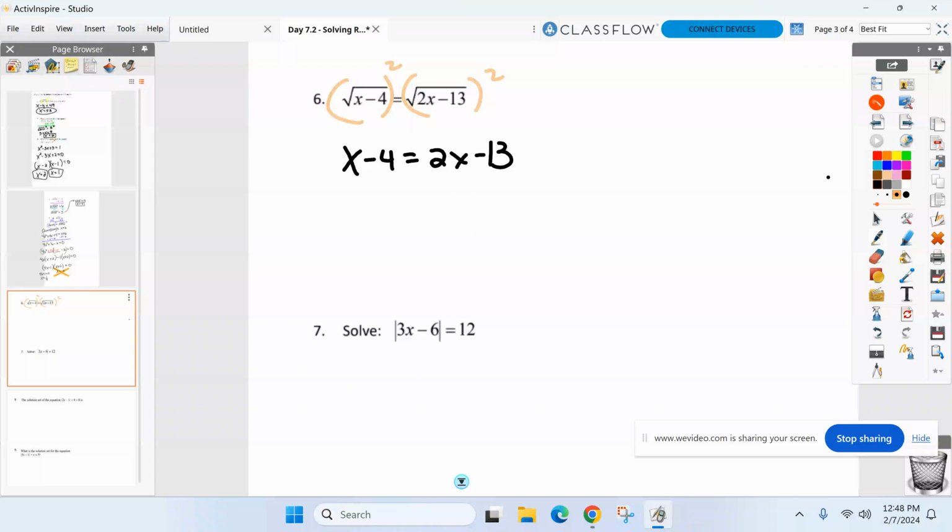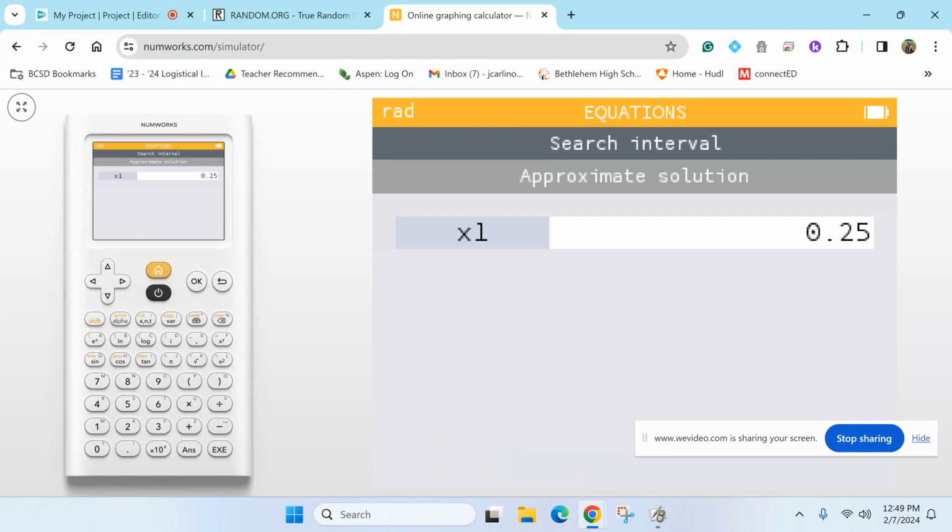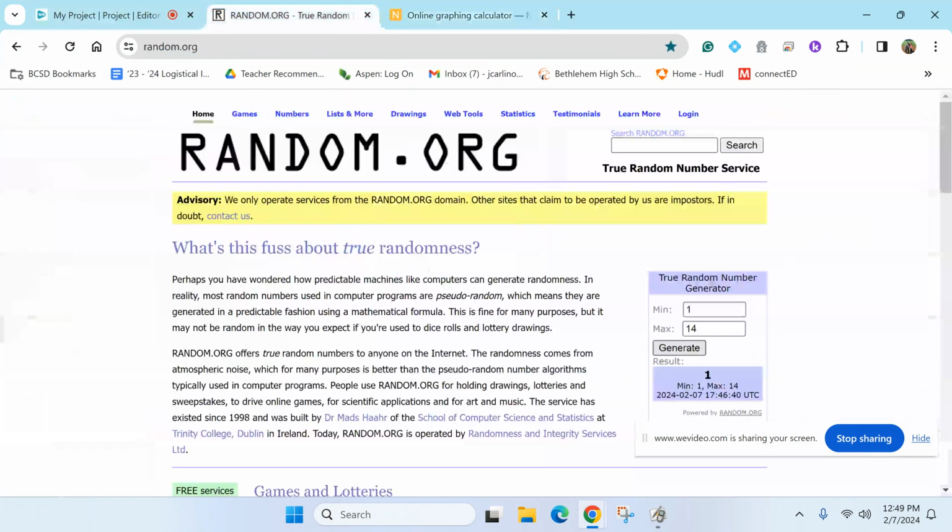Find that answer, check it. When you are ready, take your time. When you are ready, let me know what you guys have for your answer, or maybe answers. Who knows?